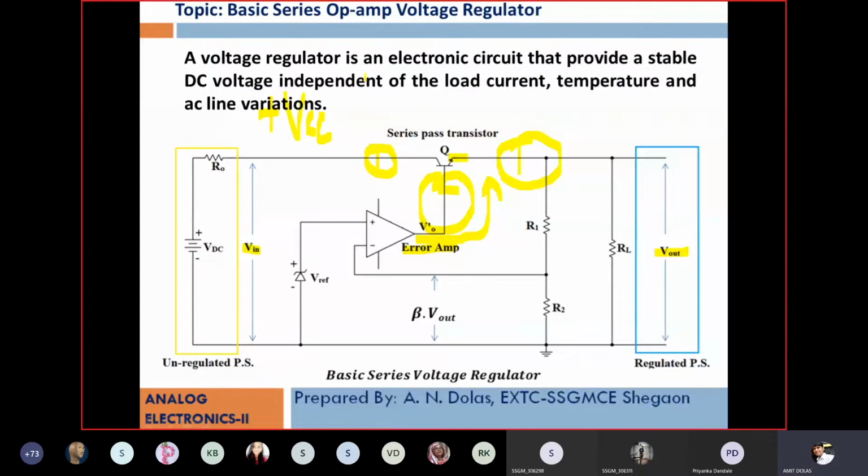So whatever is the change, it will try to minimize the difference. I'll erase the ink again to avoid confusion. This circuit will try to minimize the difference between V out and V0 dash, and it will try to maintain whatever is designed. We are assuming that it is designed at 5 volt, so it will try to maintain 5 volt.